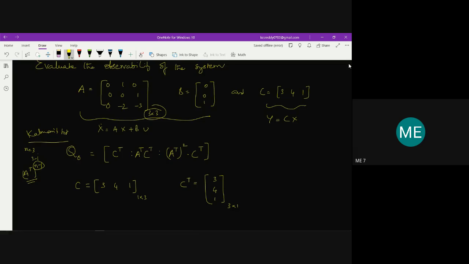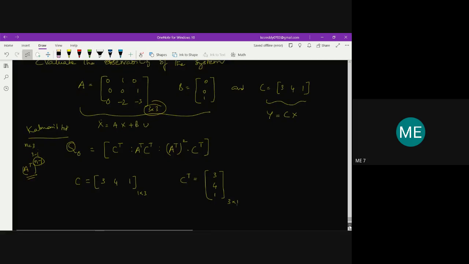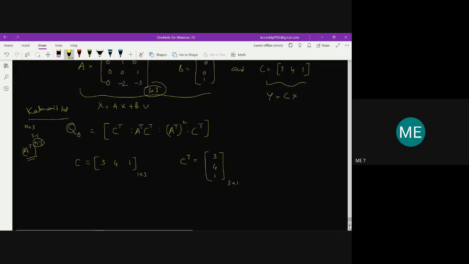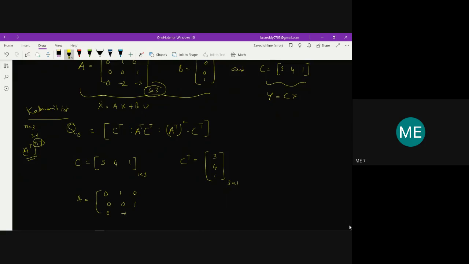So what we have for A is 0, 1, 0; 0, 0, 1; 0, minus 2, minus 3. Here I am writing the first row as the first column.